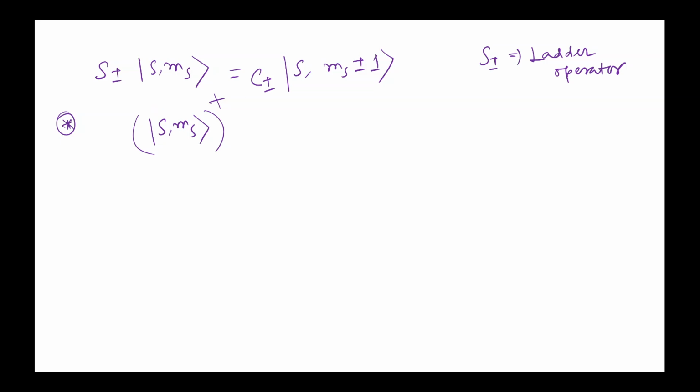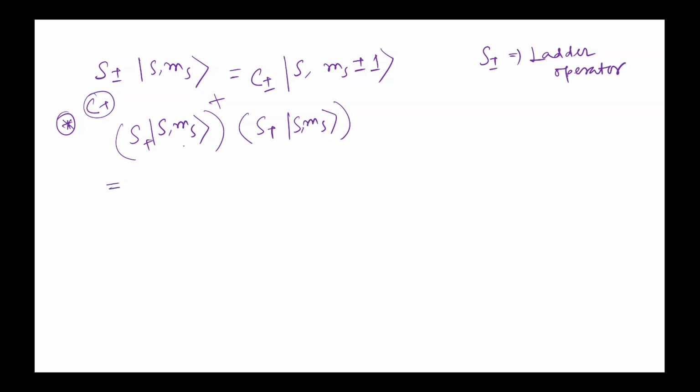So you can write this S plus minus, or I should just write, let's just try to find out only one constant, then I can generalize. In this case I am finding this C plus constant. So if S plus operates on |S, ms>, and you take the conjugate of this, then you have <S, ms| S minus.